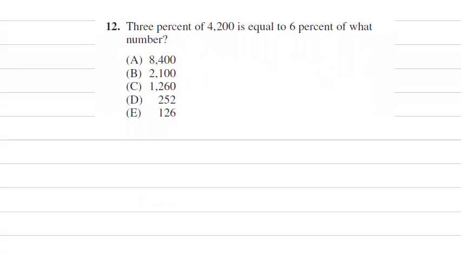Here's another problem from a 2004 College Board practice test. 3% of 4,200 equals 6% of what number? Okay, so 3% of 4,200 is equal to 6% of some number I don't know, which of course in algebra we call x.